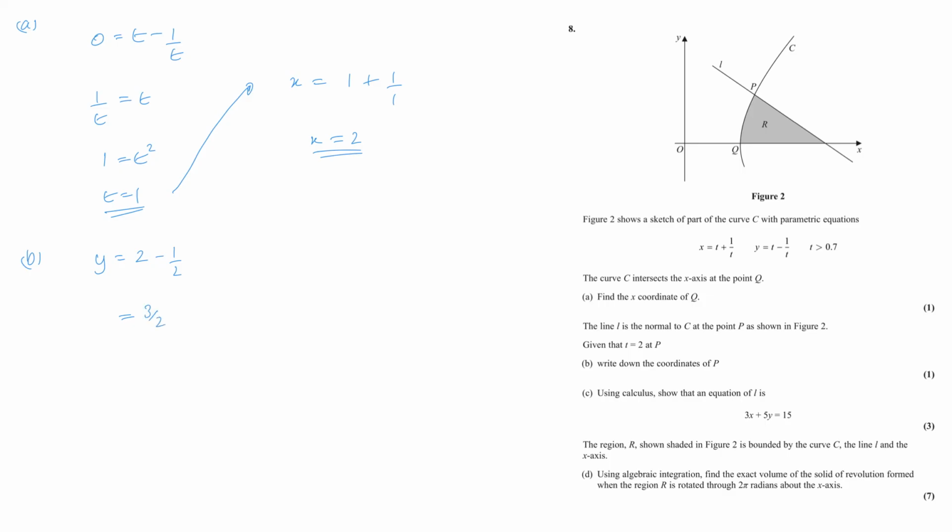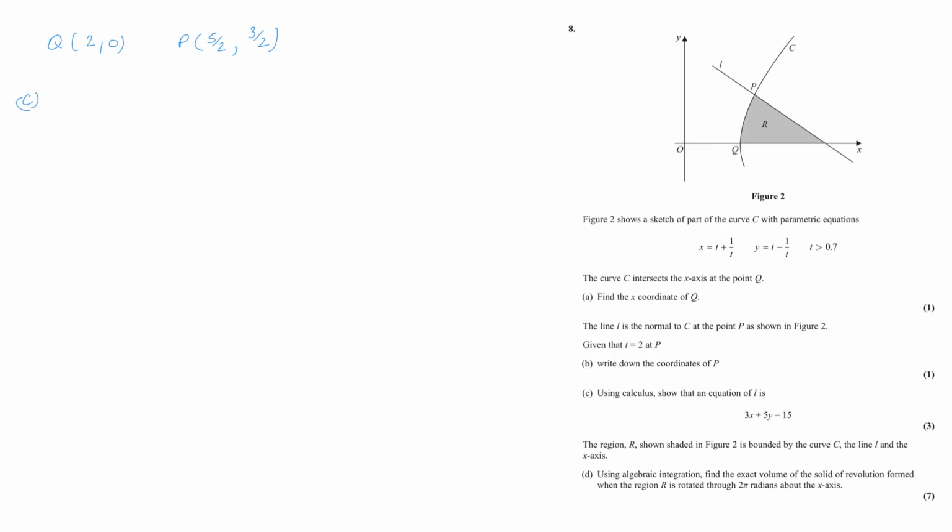And x equals t plus a half. So that's 5 over 2. So point P is 5 over 2, 3 over 2. Sorry, I did the y first there.